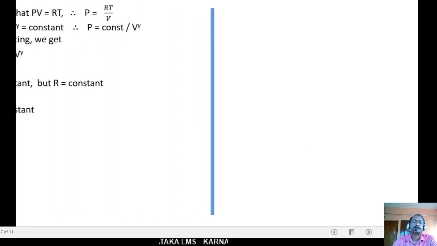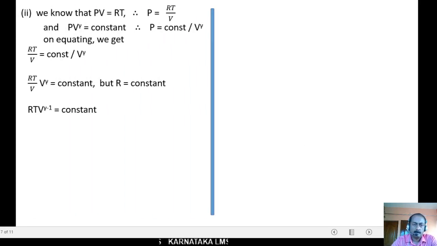Let us see one more equation, that means the equation of state for adiabatic. We know that PV equals RT. Therefore, rearranging this equation for pressure, P is equal to RT by V. We already derived P into V to the power gamma equals constant. Therefore, P equals constant divided by V to the power gamma.